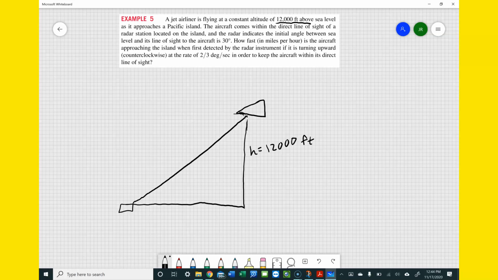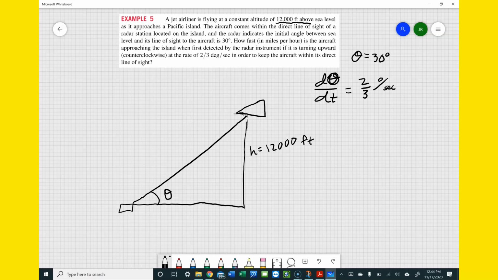And we have this angle theta, and it tells us that d theta dt is 2/3 degrees per second. All right. And that theta at that moment, theta is 30 degrees. Anything else?